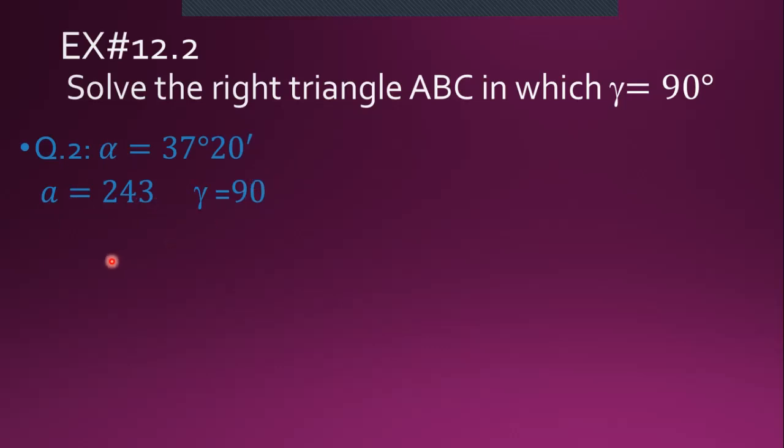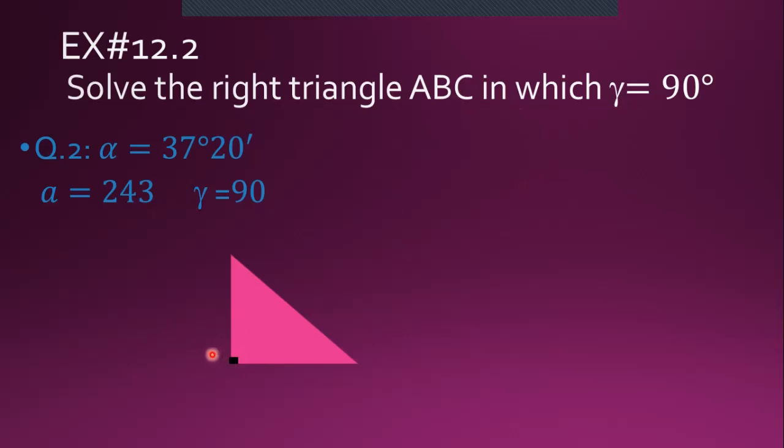Now first of all we will make the triangle. This is the right angle triangle, and you know that these two are acute angles and this one is the right angle, so this angle would be 90 degrees. I need to take it as point C, because it is given here. This is the information for all the questions we are going to do, because we are to solve all the questions under this statement in which gamma equals 90 degrees. Now we need to take the names. It is a right angle, so I have represented it by this sign.